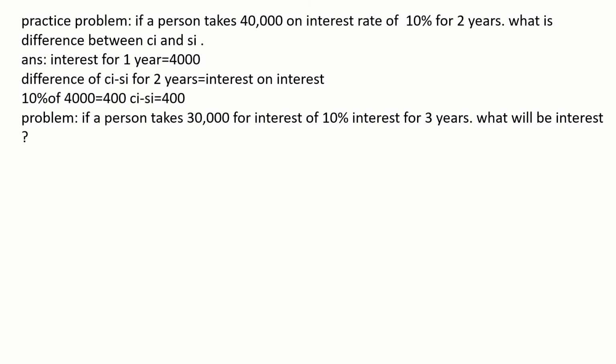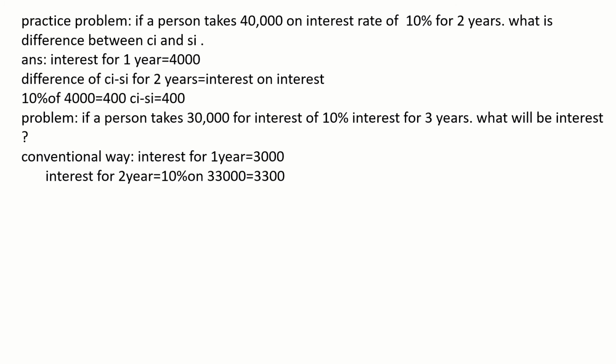Here is another problem. If a person takes 30,000 at interest of 10% for 3 years, what will be the interest? The traditional way of solving: first year's interest is 3000, second year's interest is on 30,000 plus 3,000, that is 33,000. We calculate the interest on this 33,000, so 3,300.